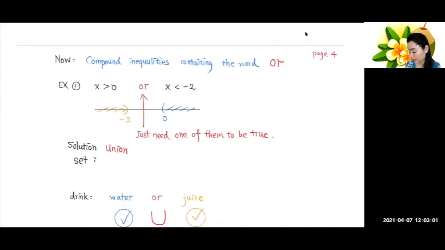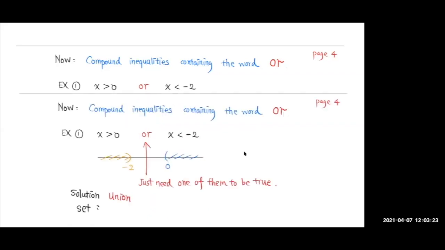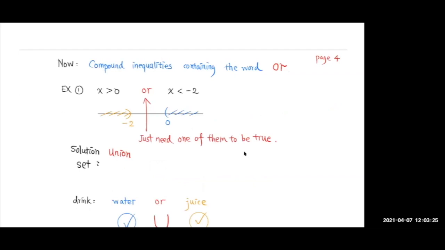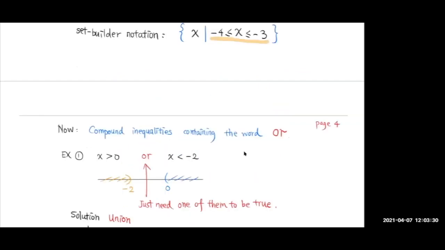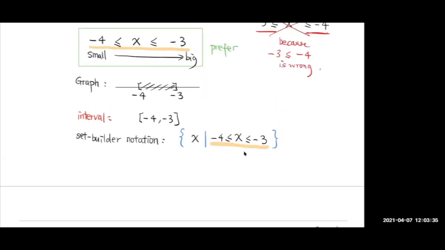This is a compound inequality containing the word or. If okay? I may interrupt for a moment. Go ahead. So parentheses and square brackets, just to make sure, because I always have to reread this or Google it. The brackets include the number, like if we were to take -4 and -3, it would include -4 and -3, right?